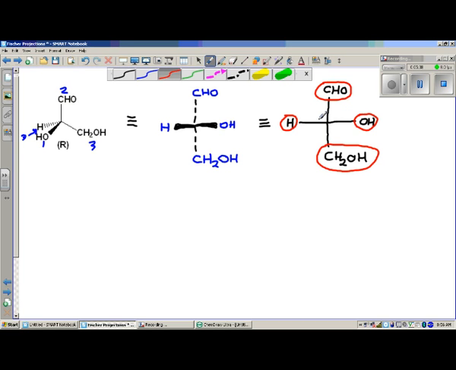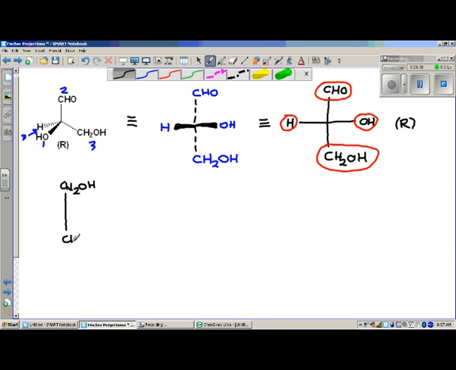Now we're going to talk about one more thing before we carry on. There are certain rotations you can do with Fischer projections that are allowed, and certain that are not. Now this is still an R stereochemistry. So I want to show you rotations that we can do. You can take this whole thing and rotate it by 180 degrees, so my CH2OH ends up on the top.